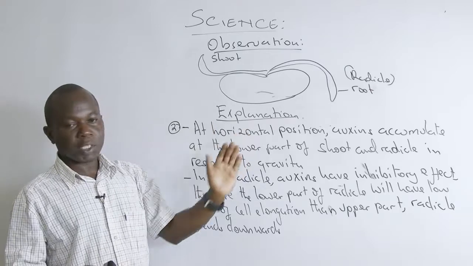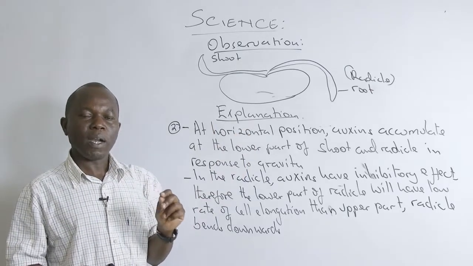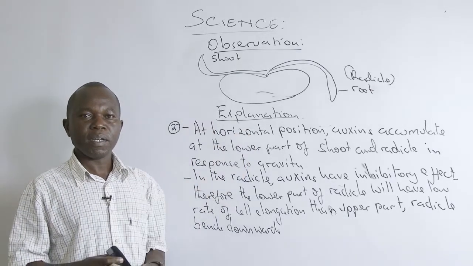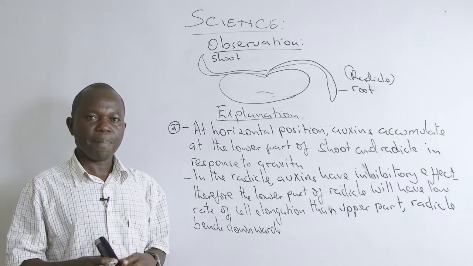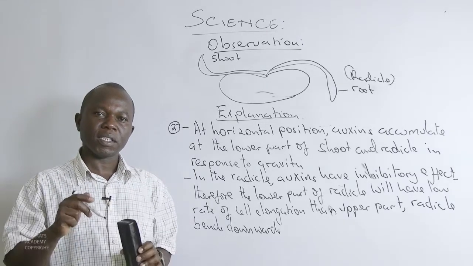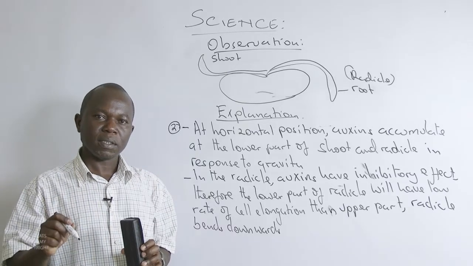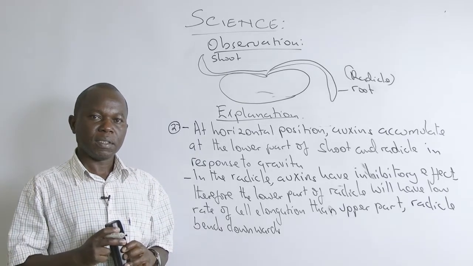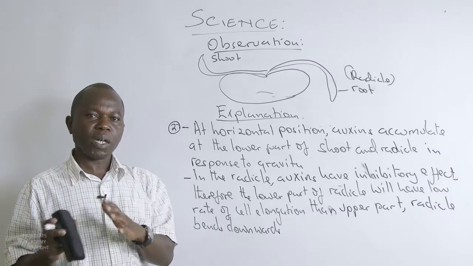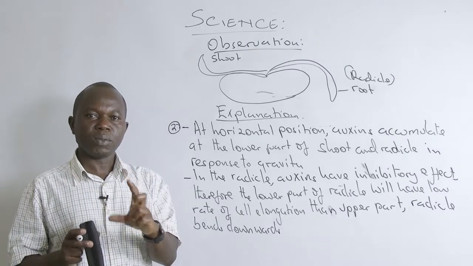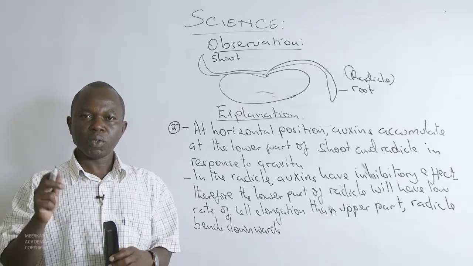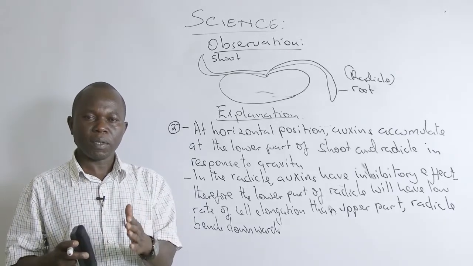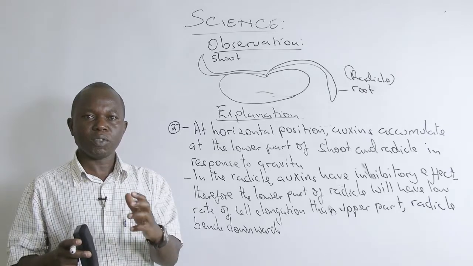Now, from these two responses, we are seeing the shoot moving away from gravity, and the radical moving towards gravity. So we were able to classify tropism into two categories, depending on the direction in which the parts of the plants are going to move.